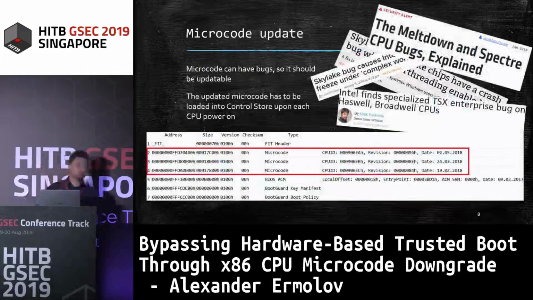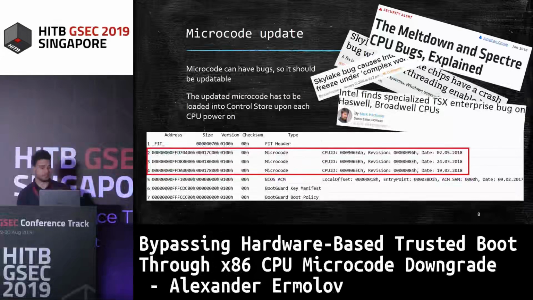So, as we have already found out, the CPU and the microcode can contain vulnerabilities, so it should be updatable. Like I already said, it is stored in the read-only memory, which is not modifiable at all. But to update the microcode, it has to be loaded in the control store each time after power up.